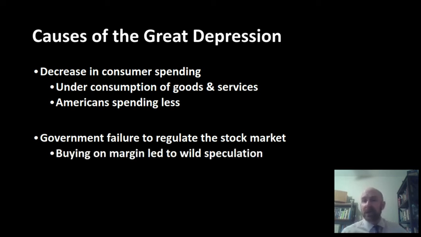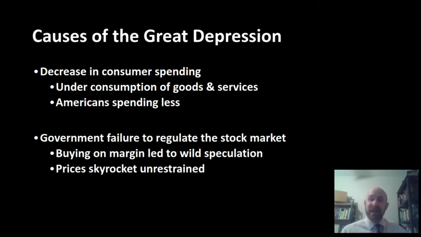So buying on the margin led to wild speculation. Wild speculation just means that they're assuming that stock prices are always going to go up. So they were buying stocks wildly with money that they didn't have. The prices seemed like they were going to go up and up forever, but that was because of World War One.